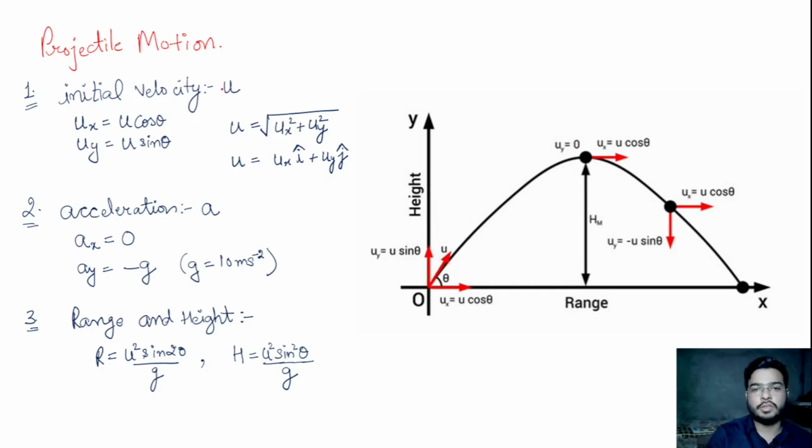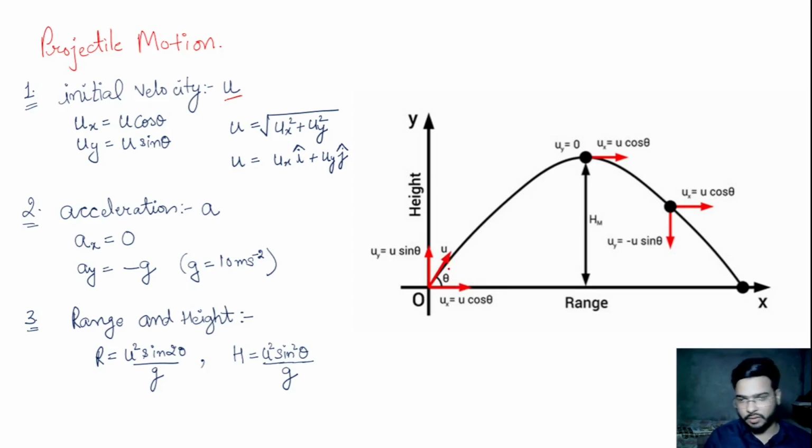This is the initial velocity we are assuming. If we resolve this u with respect to theta, what is theta? Theta is the angle between u and the horizontal component x. You just remember theta is the angle that u makes with x.